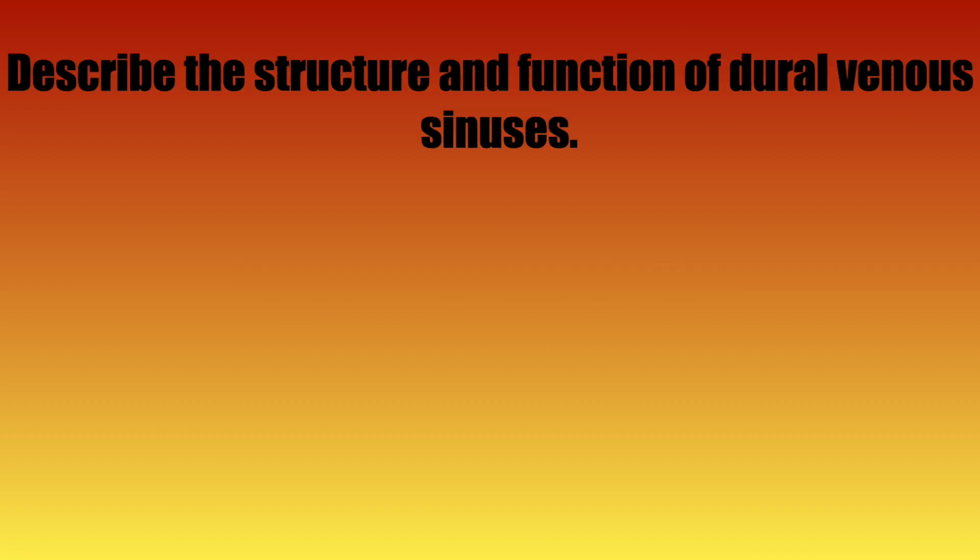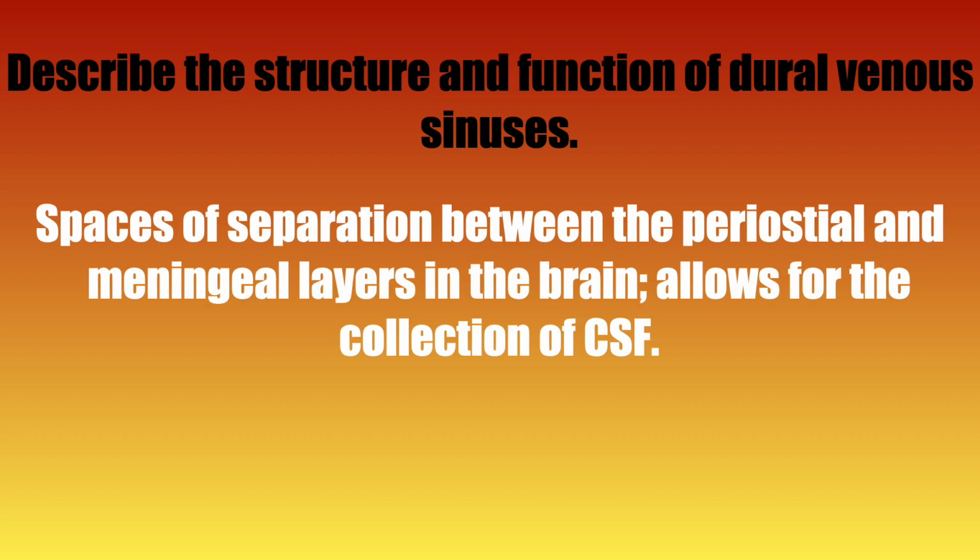Describe the structure and function of dural venous sinuses. The answer is spaces of separation between the periosteal and meningeal layers in the brain that allow for the collection of CSF.